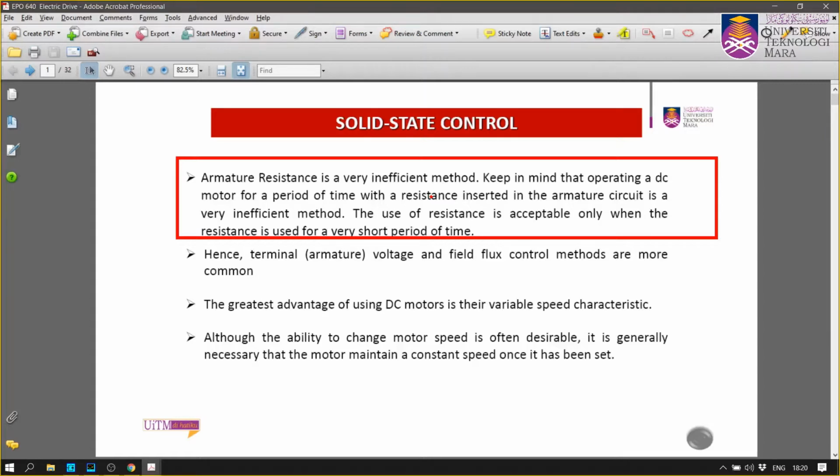The use of resistance is acceptable only when it is used for a very short period of time. So if you want to change the speed for just a short period of time, then you can apply this armature resistance, or else you will experience a different situation, for example high losses because of the additional resistance.